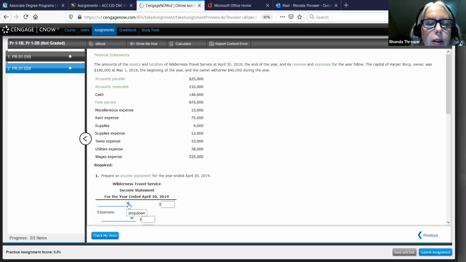We always start an income statement with our revenue. You'll remember our revenue account was fees earned. That's what we're calling revenue here. Notice it's in green, and they're showing you the definition in green. The amount of the revenue that we have earned all throughout this period is $875,000.